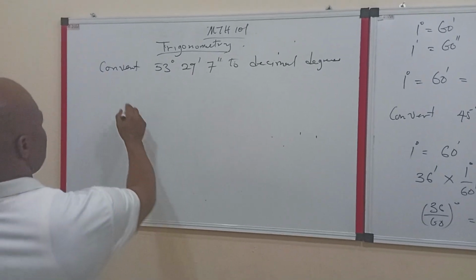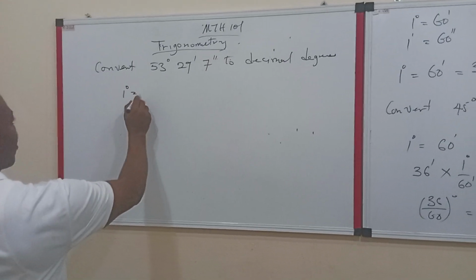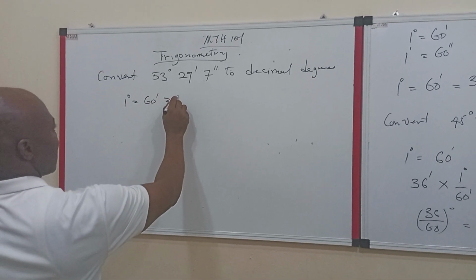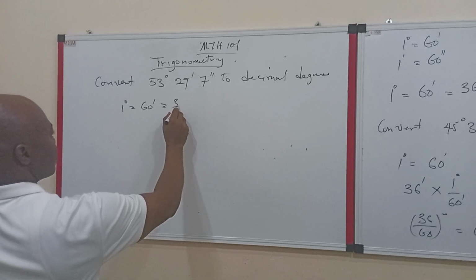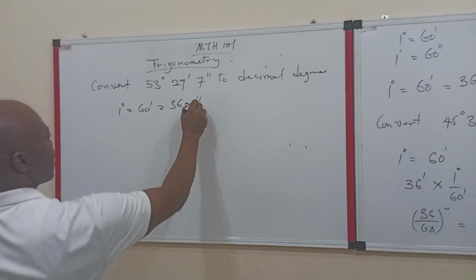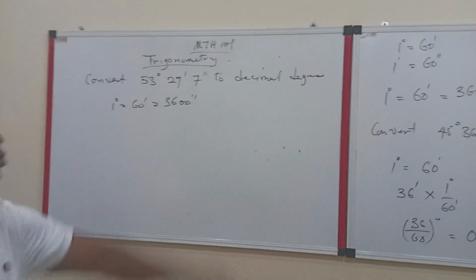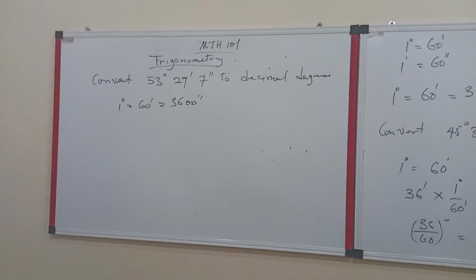Always remember that 1 degree is equivalent to 60 minutes, which is also the same thing as 3,600 seconds. So with this relationship, you will be able to convert this one into decimal degrees.